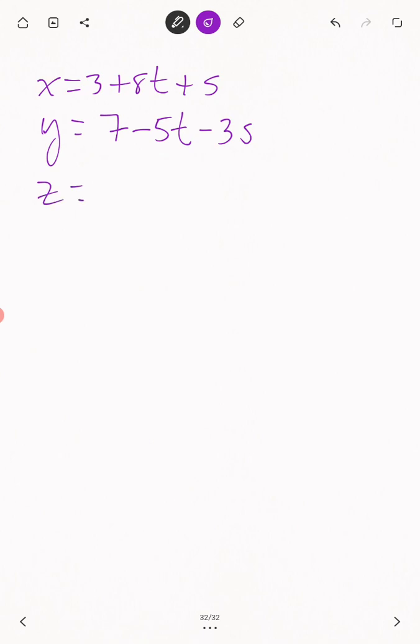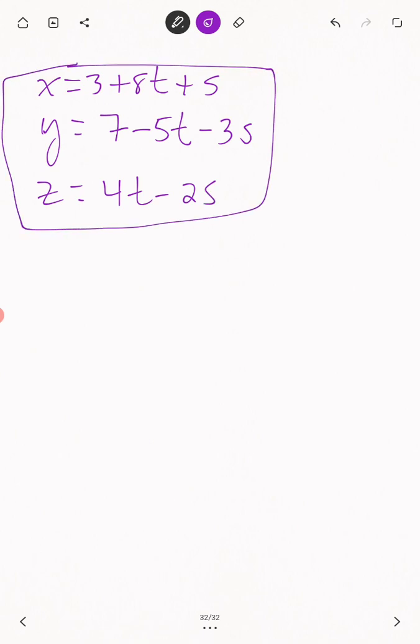And z, we do it in the same way, is going to be 0, which we don't need to write, so 4t minus 2s. And so these are the parametric equations for that same plane.